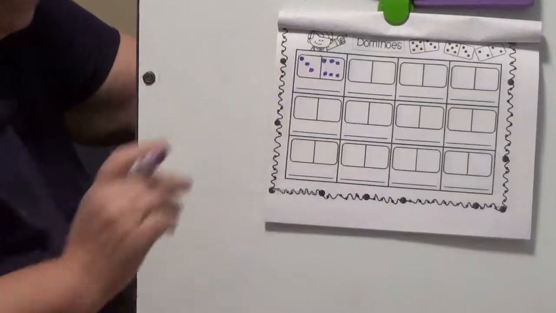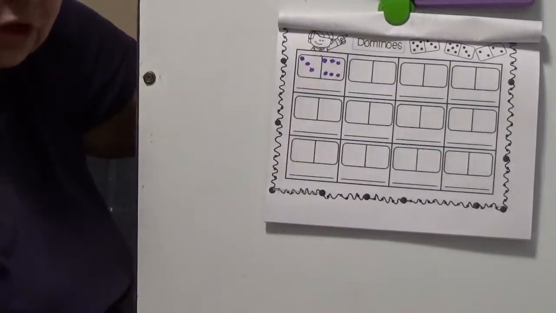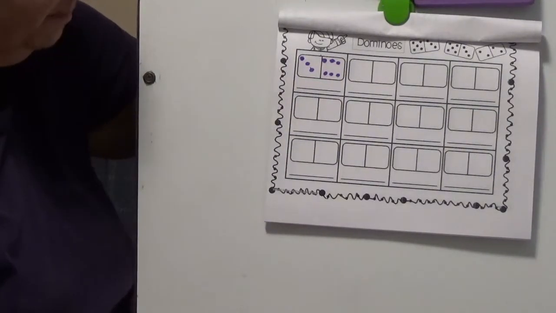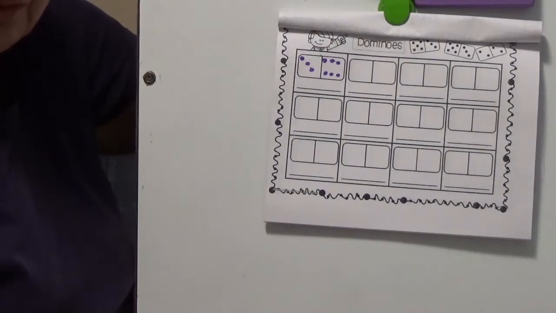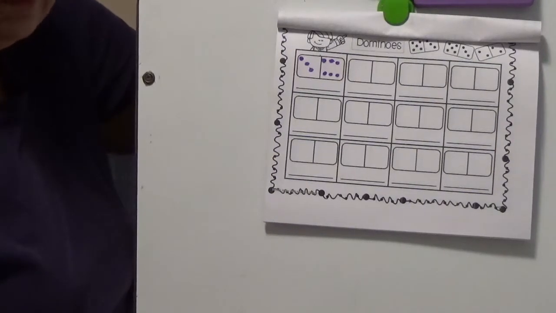And we will need to write the addition equation that would go with those 2 numbers. 3 in the first box, 6 in the next box. I'm waiting for you. You write the equation and be ready to check when I check mine.